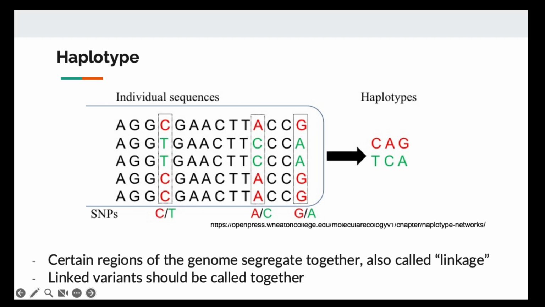Haplotype is important because sometimes you might identify the first SNP, like C or T, but your sequencing data might miss the other two. If you don't know anything about haplotype, then you have no idea what the SNPs at the other two positions will be. But if we have knowledge about haplotype, then we know immediately that if the first SNP or mutation is C, the other two must be A and G, because these are genetically linked.